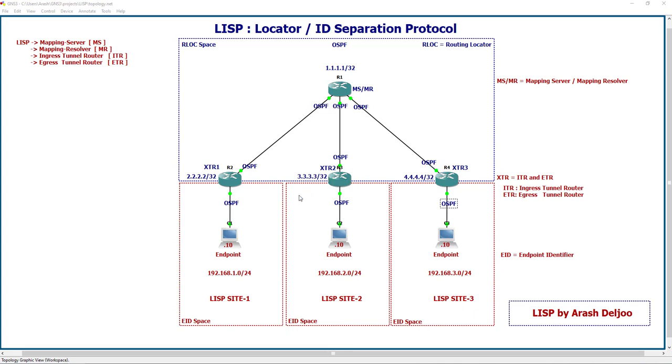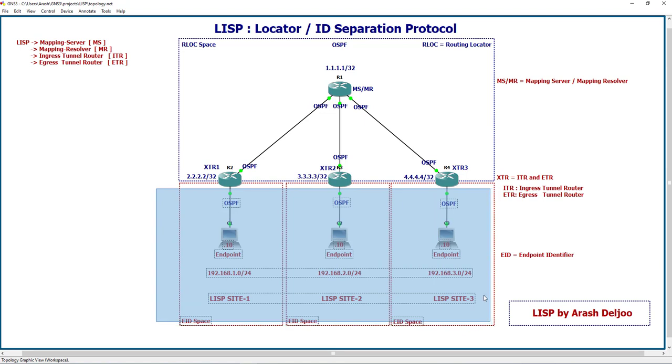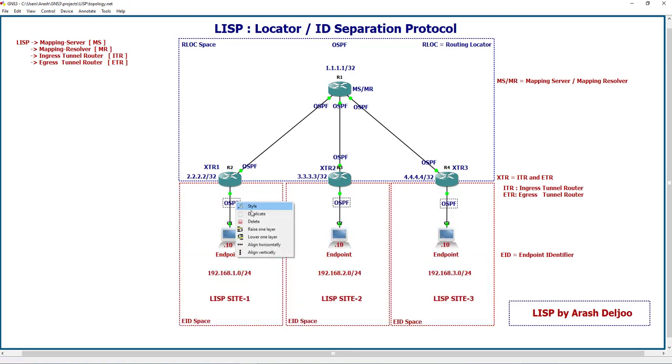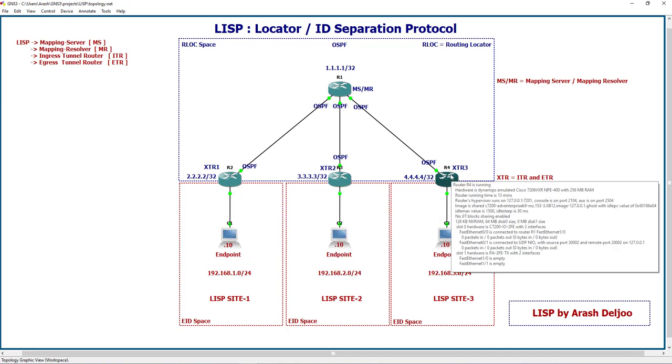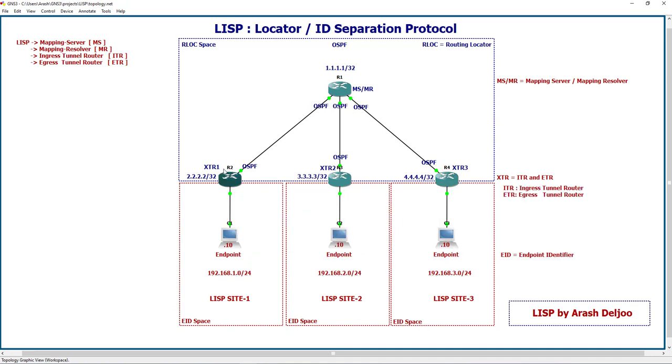But as you can see here, we have another space, and in this space, I'm not going to enable OSPF. We should enable OSPF only in the RLOC space, in the first part. As a result, we have connectivity between R1, R2, R3, and R4. Assume that I configured a loopback interface on R1, on R2, on R3, and R4.